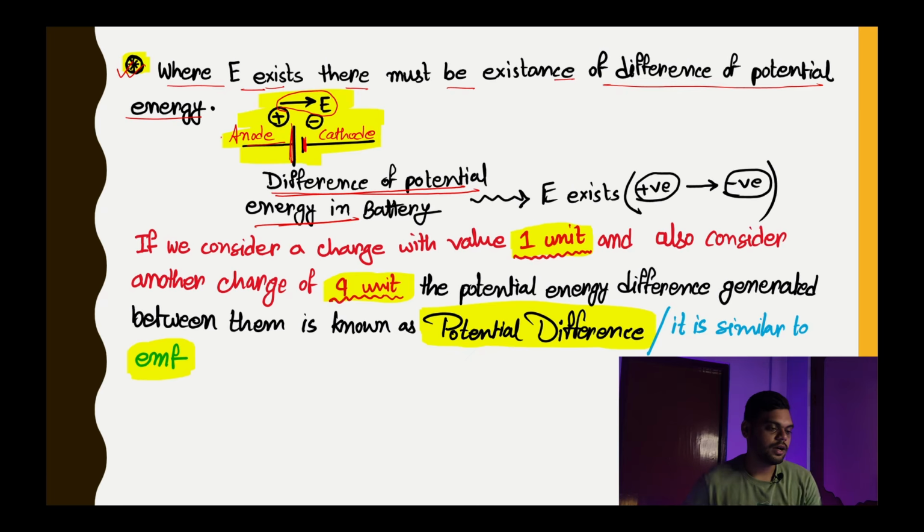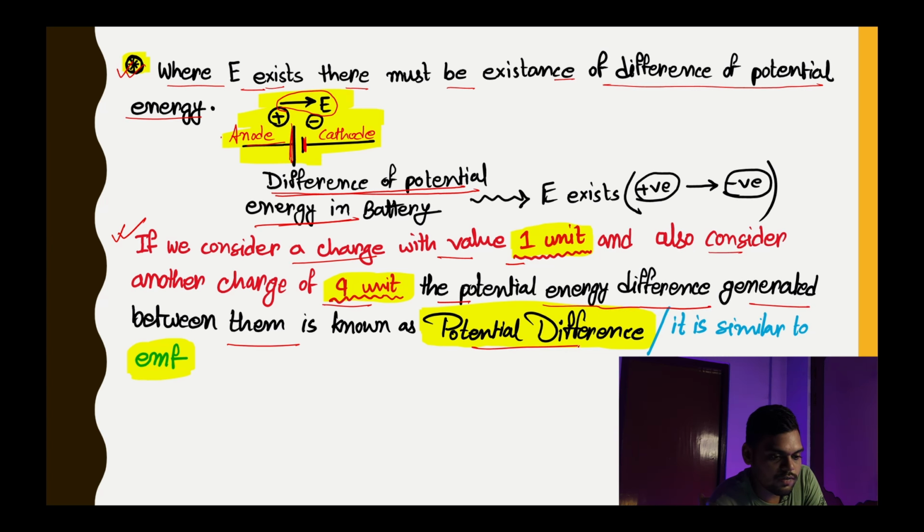You get it? Okay. So we are going to the next point. If we consider a charge with value 1 unit and also consider another charge of value q unit, the potential energy difference generated between them is known as potential difference. It's similar to EMF. Okay.